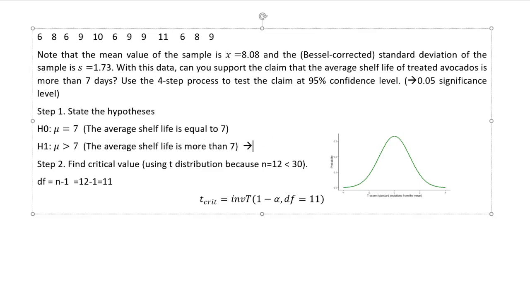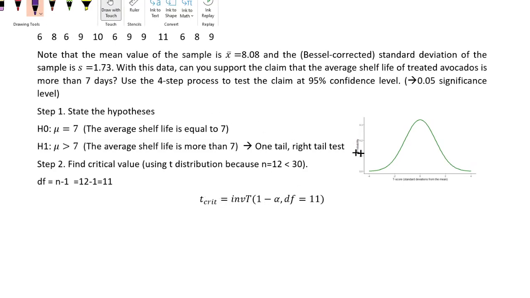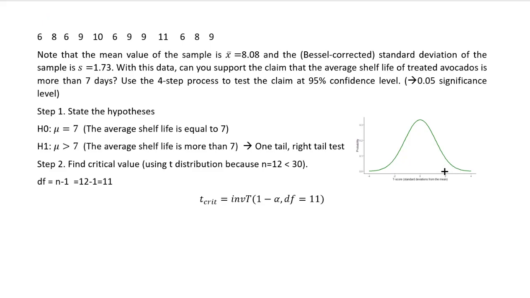This really means one tail, right tail test. Okay, that's what we need. And for one tail, right tail test, here's what we are trying to do. We want to find this critical value somewhere here, so that the area is the given significance level, which is 0.05. So I want this area right here to be 0.05.